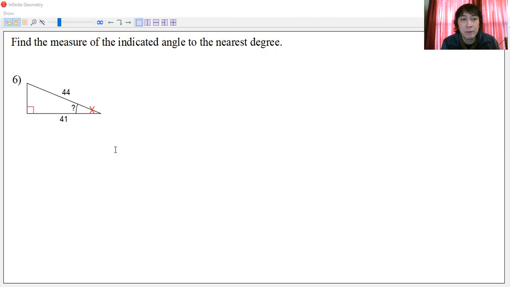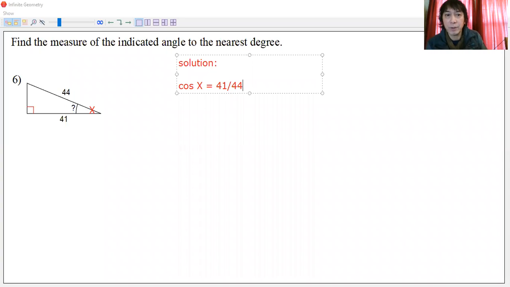So again, the given data suggests we shall use cosine. So here's the solution. We shall use cosine of X equal to the ratio of 41 to 44. There. Adjacent over hypotenuse.